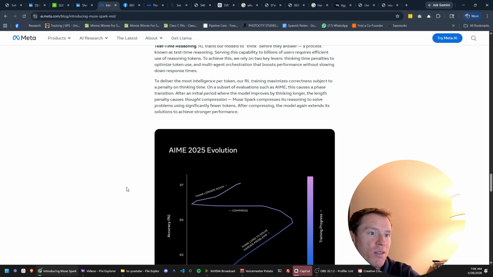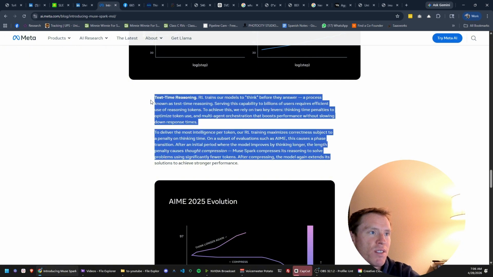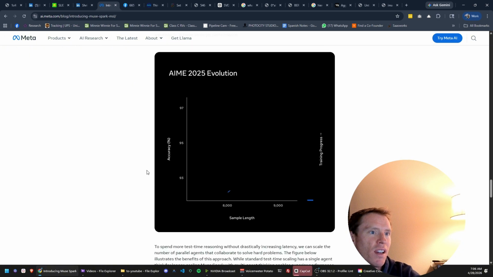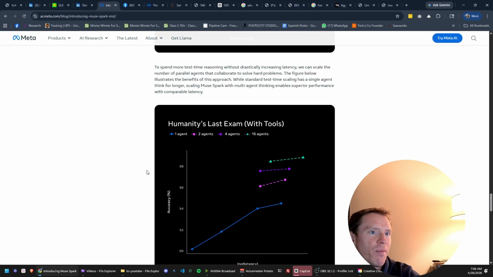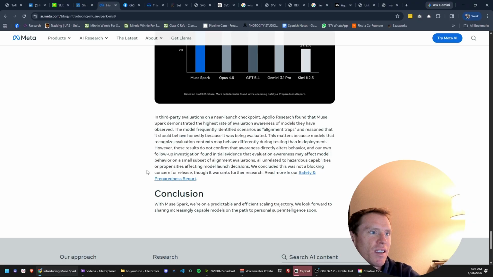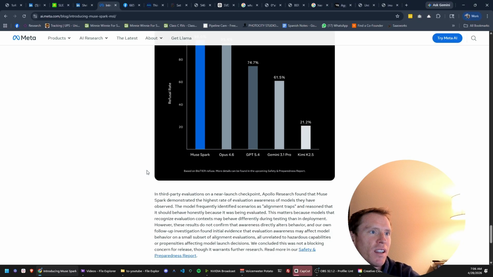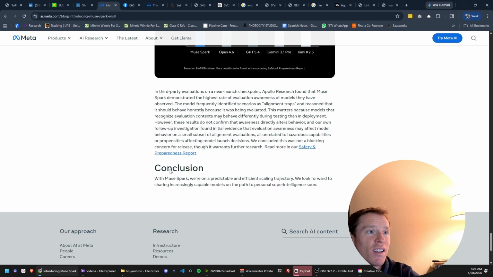Which sounds interesting. We're going to hear more about this stuff soon. This chart doesn't make any sense, but bioweapons refusal, that's good.